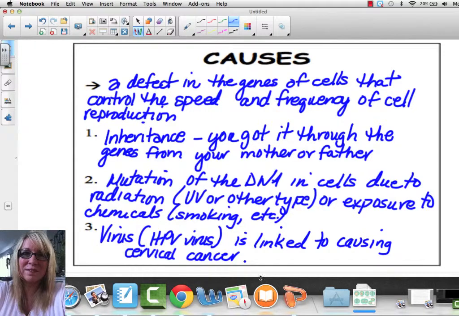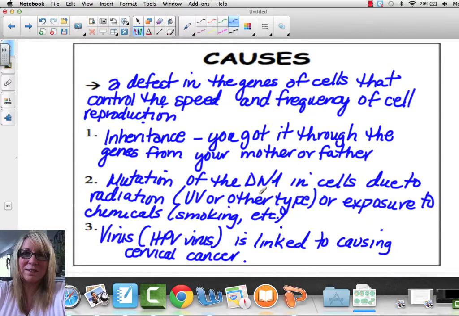So I'm not saying that if someone you know has cervical cancer that it's from the HPV virus. There's other forms of cervical cancer and there's other ways that you can get cervical cancer. But HPV virus is one of the ones that's been linked to it.